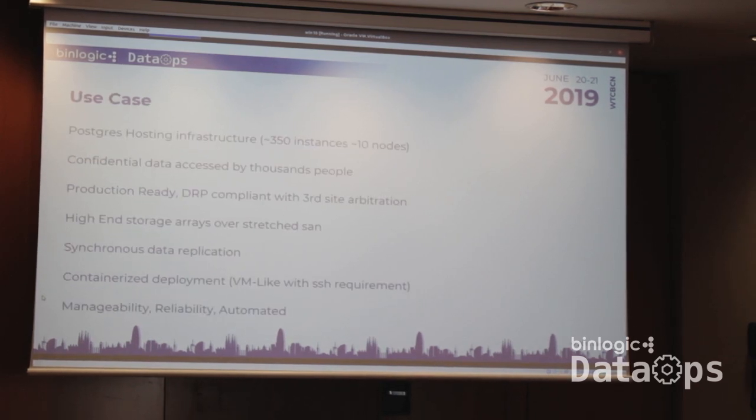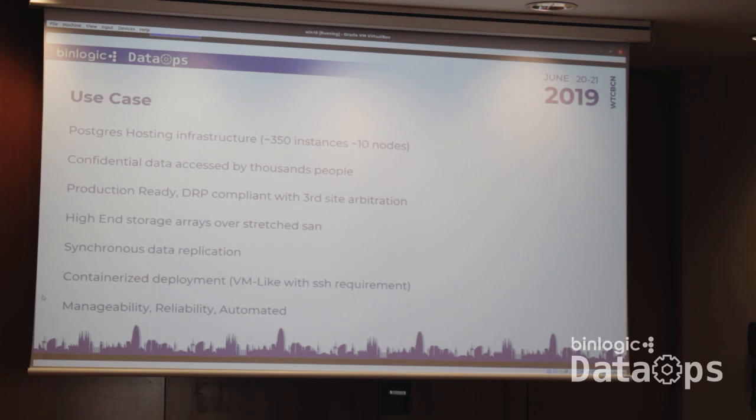So first of all, the use case. The needs come from a French user, who has a project of building a hosting infrastructure for 350 different Postgres database instances. So very sensitive data, and they target around 10 nodes.